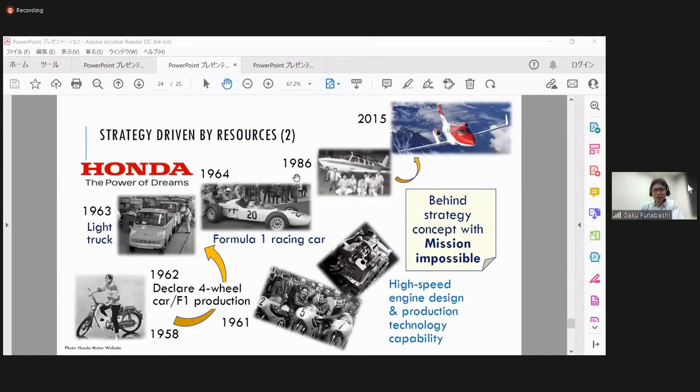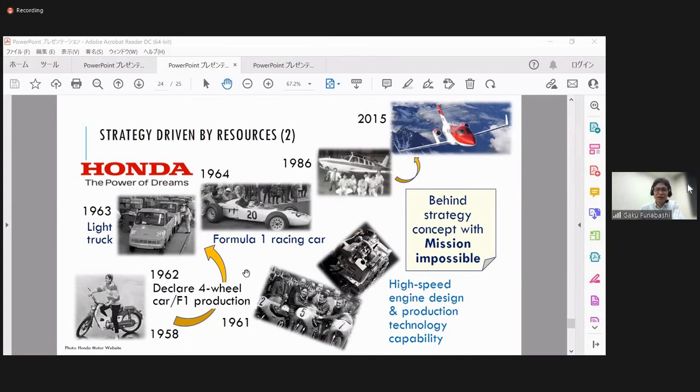Why Honda could declare to enter the production of not only the car, but also Formula One racing car. No, usually, as I explained, it's impossible to start the production of the car and production of Formula One racing car simultaneously, because the quality level of the Formula One racing car is much, much higher.